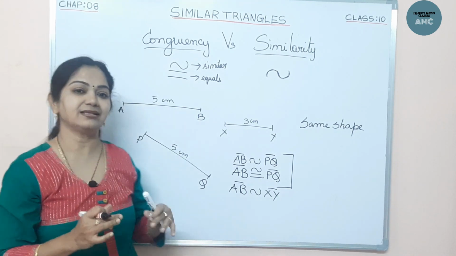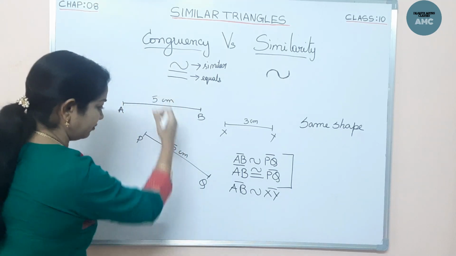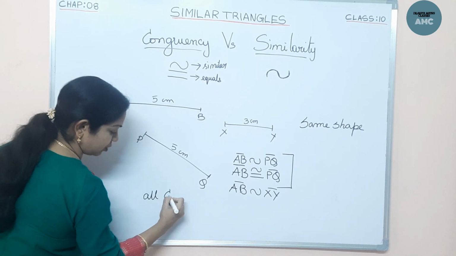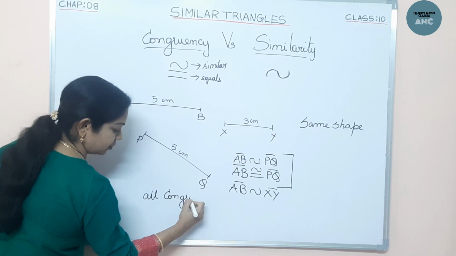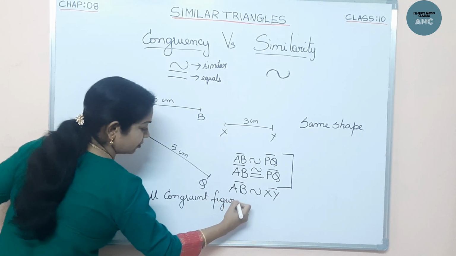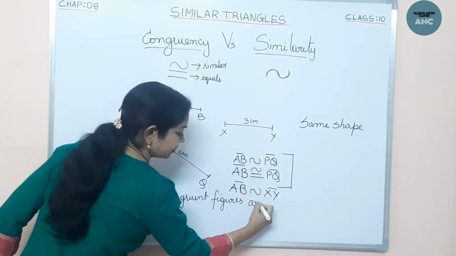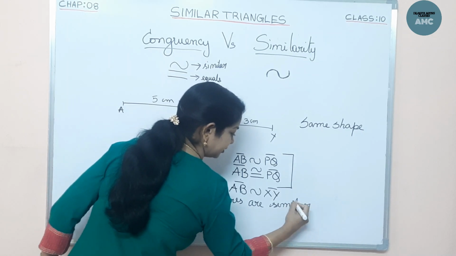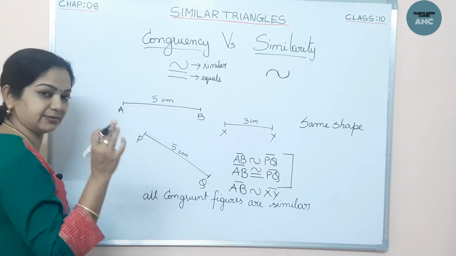So, when you tell similarity, you can infer from this that all congruent figures are similar. Because congruency means same shape, same size.